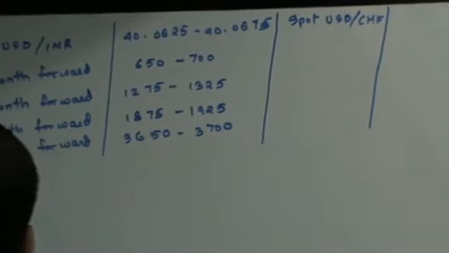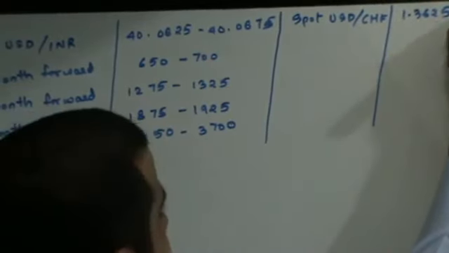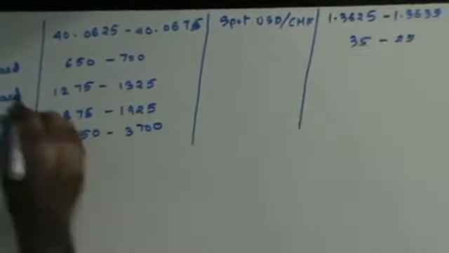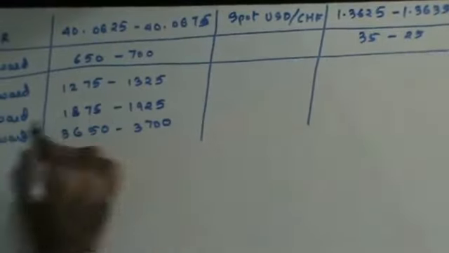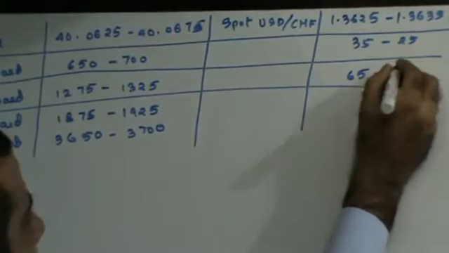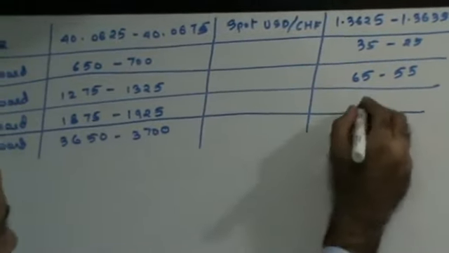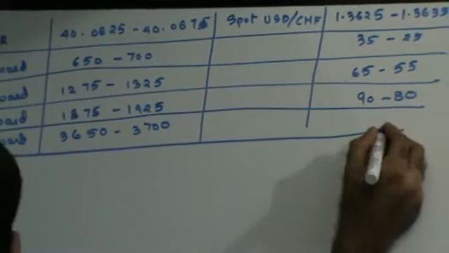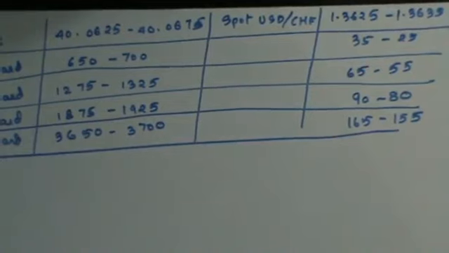Spot rate is 1.3625, 1.3635. 1 month forward swap points are 35, 25; 2 months forward is 65, 55; 3 months forward is 90, 80; and 6 months forward is 165, 155.